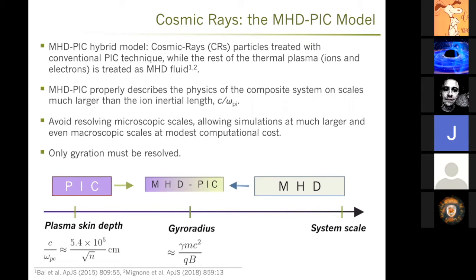The advantage of this approach is that you avoid resolving the microscopic scales, because you don't need to resolve the skin depth. All you do is care about the gyro radius. If the gyro radius is larger than the skin depth, then you are okay. This is especially true in high density environments. So MHD-PIC is in between, as the name suggests. We are at the gyro radius scale.